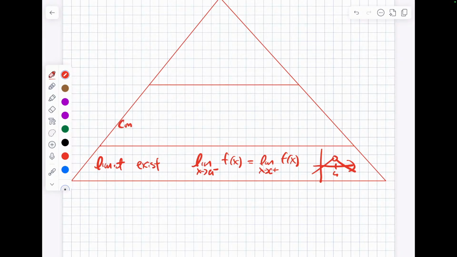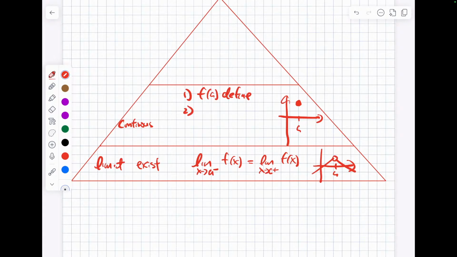This is continuous. We also talked about this. Can you tell me the first condition to be continuous? f of a must be defined, so the point is going to be a solid dot at a. So this is a solid dot. Remember, we say it's defined.